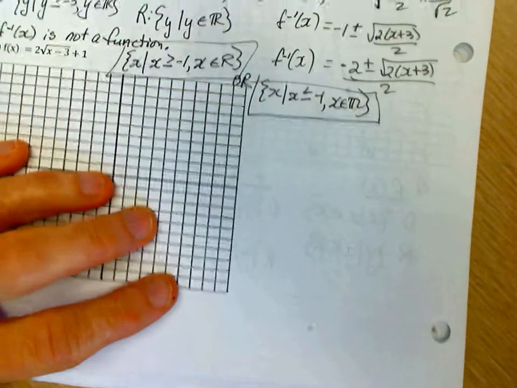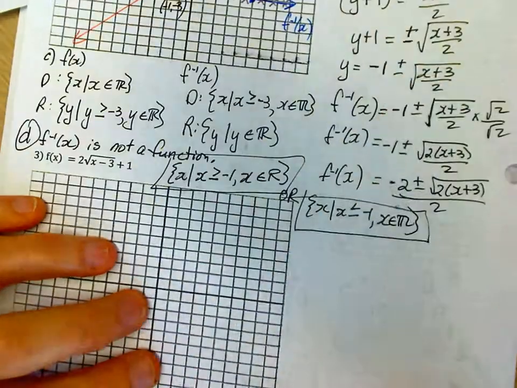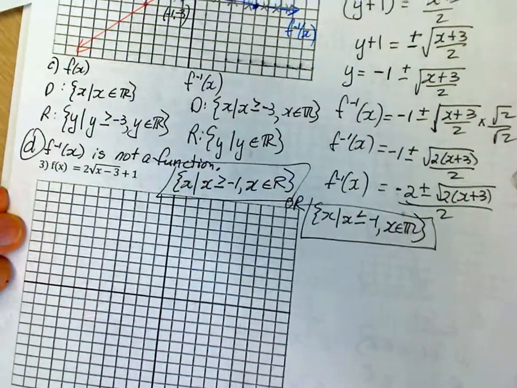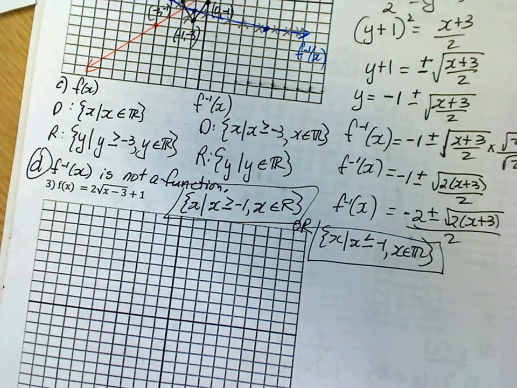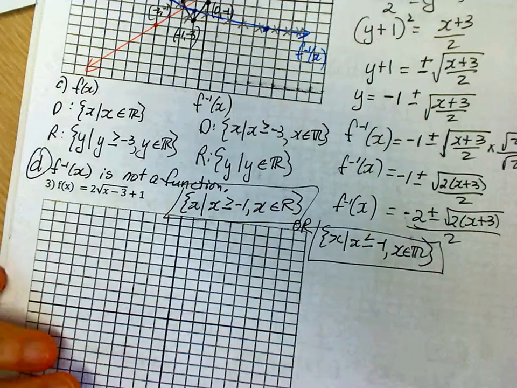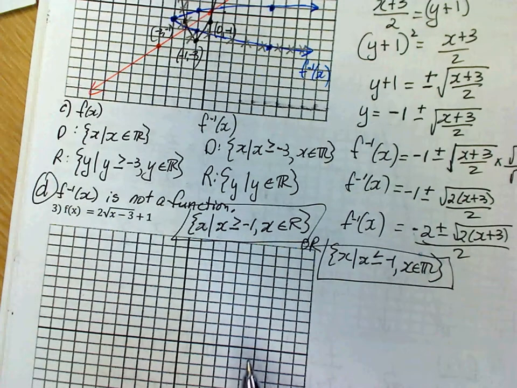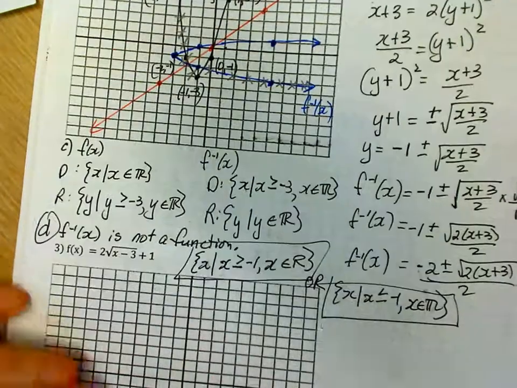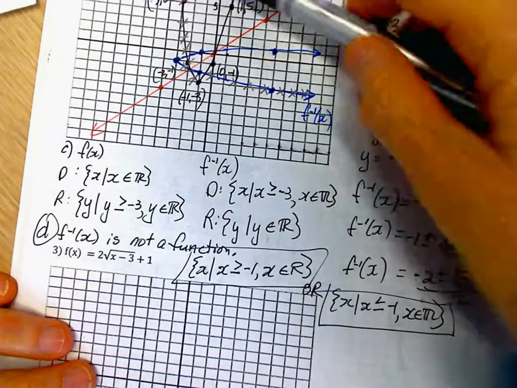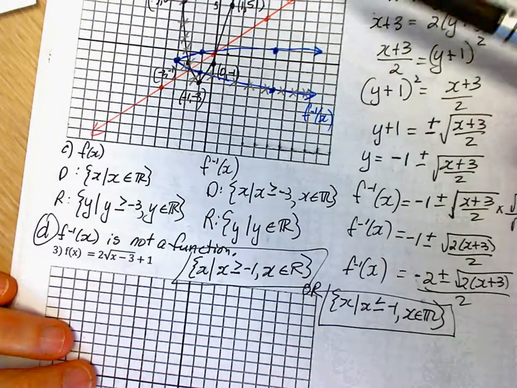Yes? How do you know for the restrictions whether it's less than or equal for x? It's either one. You can pick either one, okay? If the question asks you to restrict the domain of the original so the inverse is a function, you either pick x is greater than or equal to -1, or you pick x is less than or equal to -1.